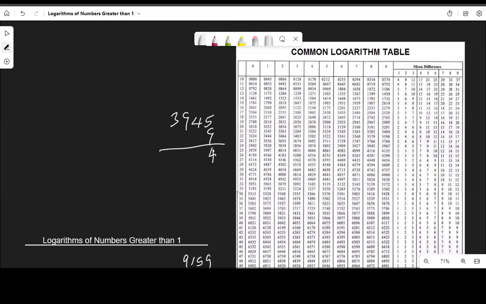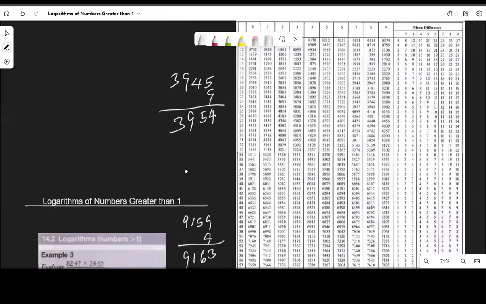Then difference of 5. Difference of 5 is 9, okay? 5 plus 9 is 14. Right, 4 carry 1. 1 plus this is 5. So 3954.